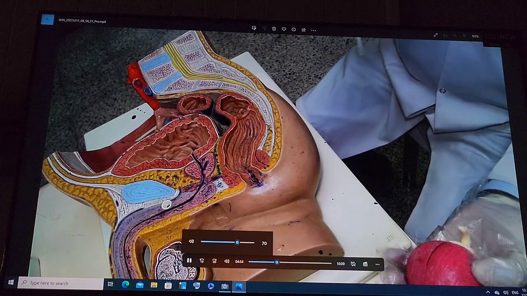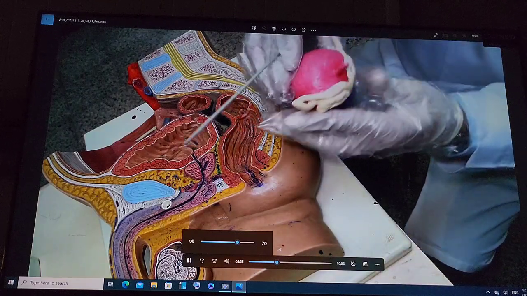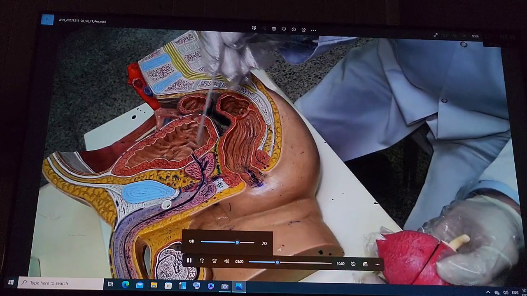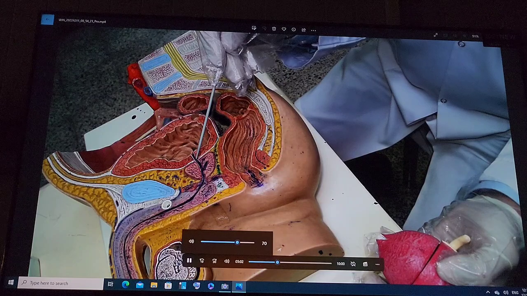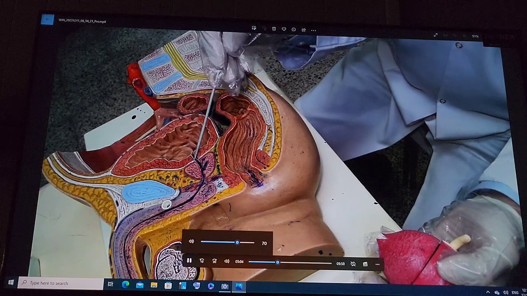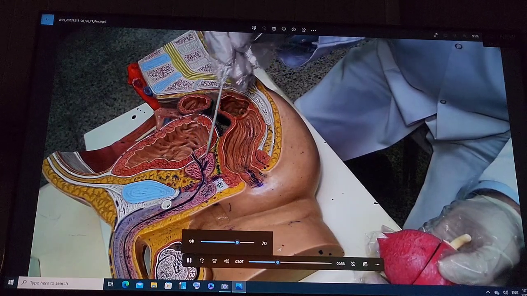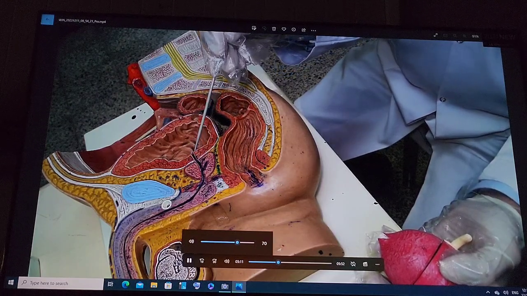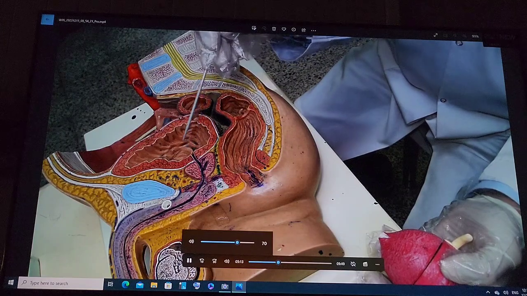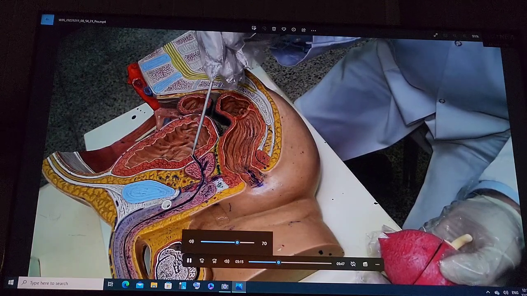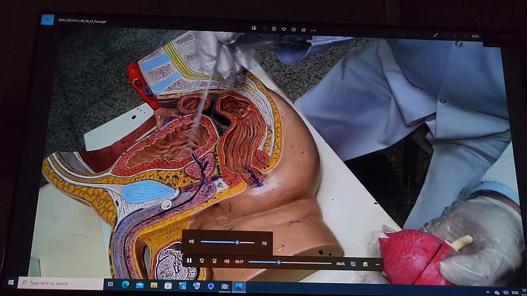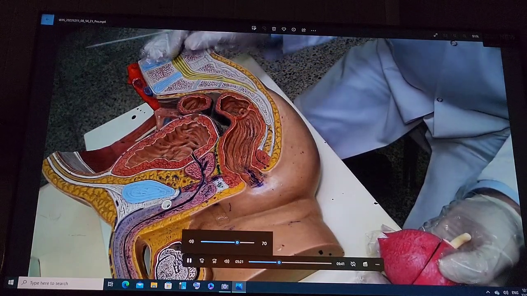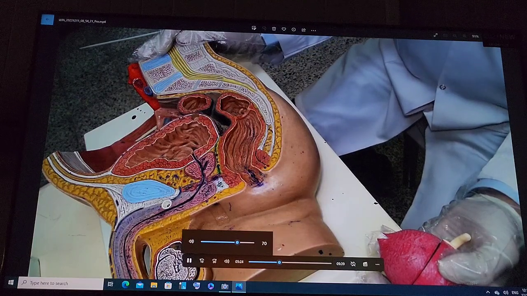The neck of the bladder lies inferiorly, and in the male it rests on the superior surface of the prostate gland, while in the female, the neck of the urinary bladder rests on the urogenital diaphragm.